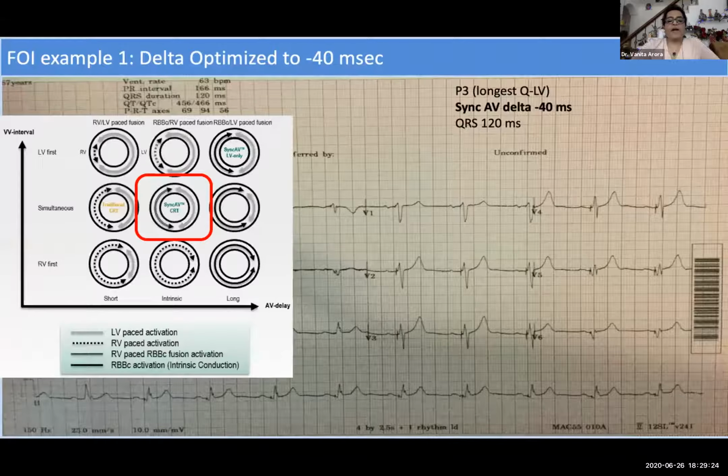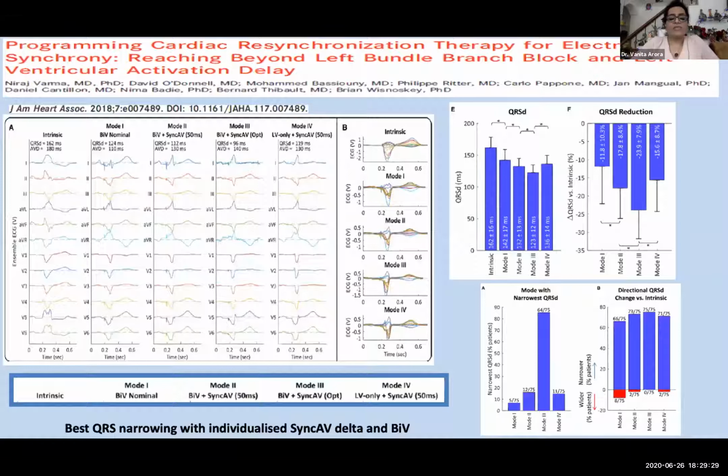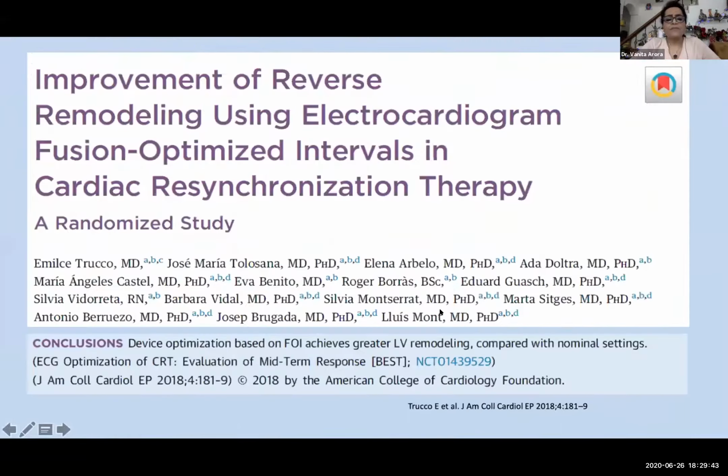Bi-V with sync AV optimization has been studied in various trials, and it has been analyzed to have given the best possible result as compared to the other algorithms which have been studied in biventricular pacing. And then fusion optimized intervals have also been studied in cardiac resynchronization therapy.